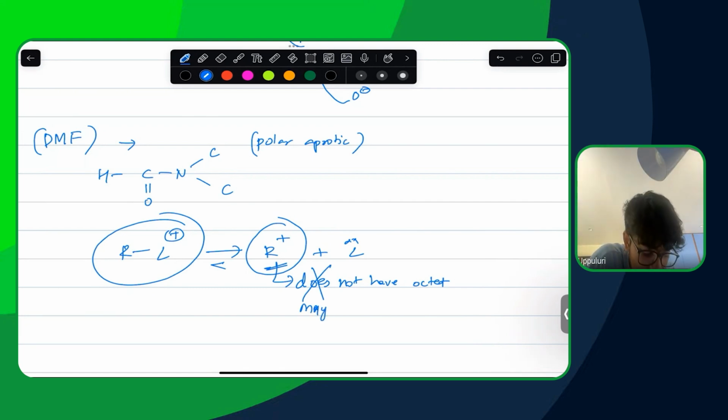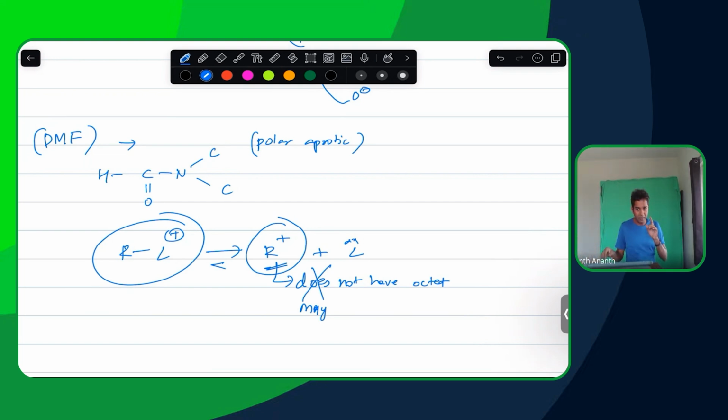Sir, in some cases, if there was a tertiary carbocation, would it still decrease? Let me put it in a way that will give you the answer you're looking for. You're asking when there is a possibility that this might be pushed forward, is that what you're asking? Yes, sir.